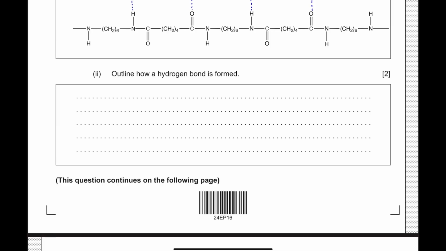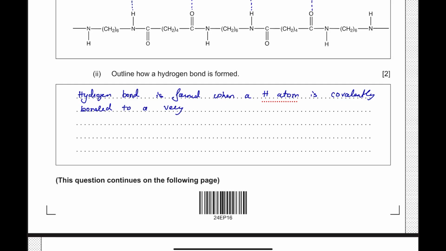Hydrogen bond is formed when a hydrogen atom is covalently bonded to a very electronegative and small atom like fluorine, oxygen, or nitrogen.